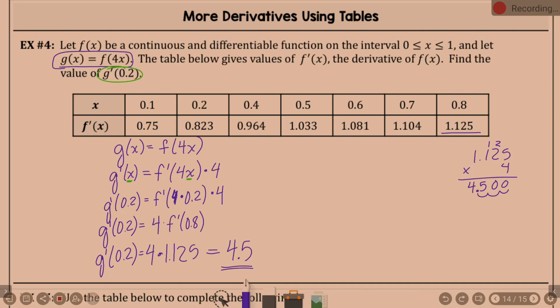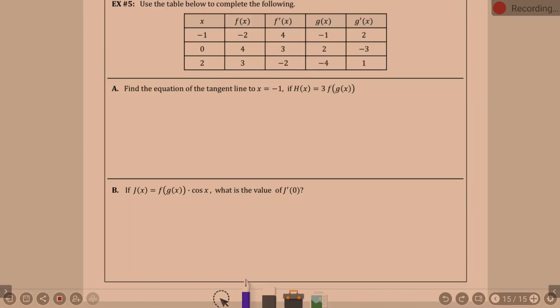So, okay. Number 5, use the table to complete. Find the equation of the tangent line at x equals -1 if h of x is 3f of g of x. h of x is defined to be 3f of g of x.